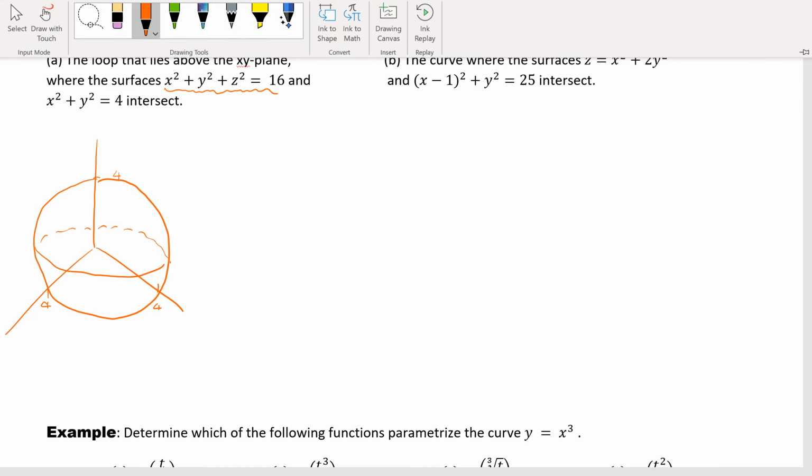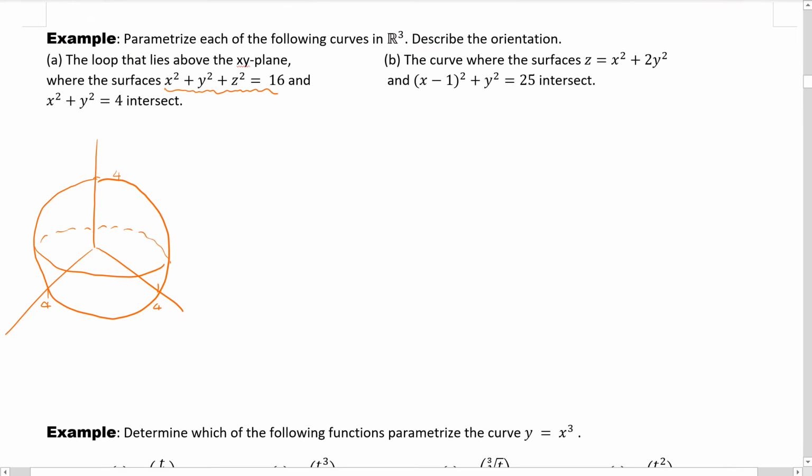Well, this guy is on the xy plane, right? So on the xy plane, we have x squared plus y squared equals 4. This is the circle centered at the origin with radius square root of 4, which is 2. So that's why here we have 2 here, 2 here.